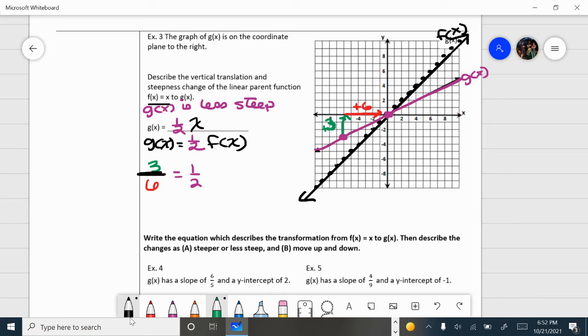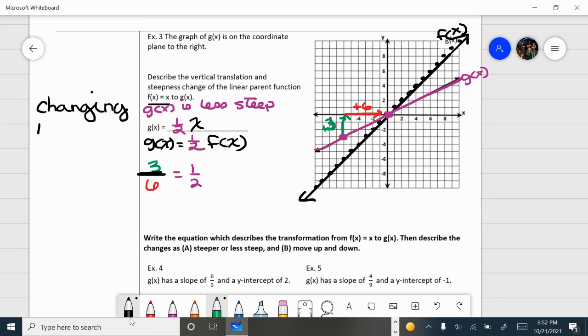Now, when we change the slope, it changes how quickly we go from one point to the next. However, changing the slope does not affect the y-intercept.